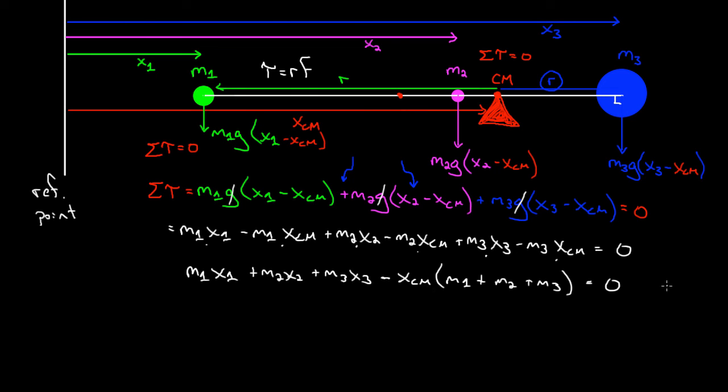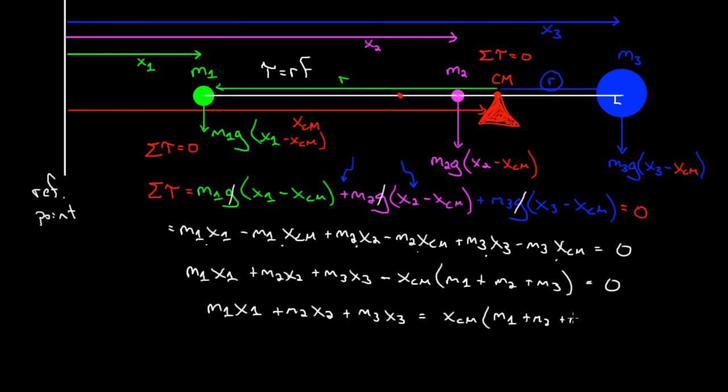I'm going to move this to the right hand side and then solve for x center of mass. What I get is that m1 times x1 plus m2 times x2 plus m3 times x3 is going to equal x center of mass times the sum of all these masses.